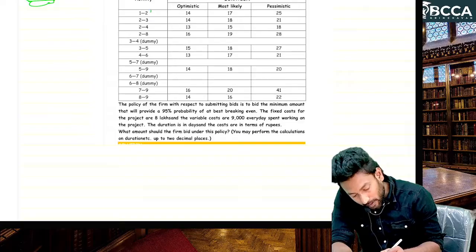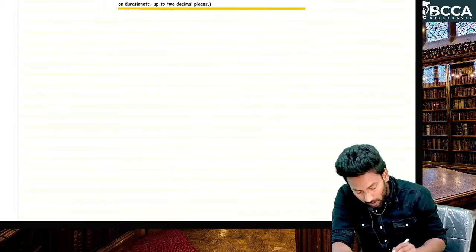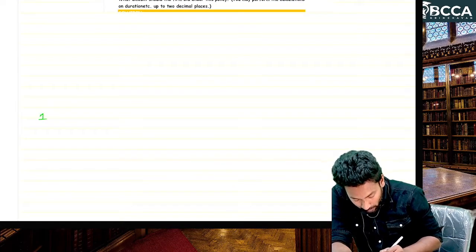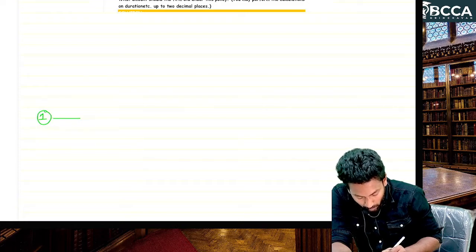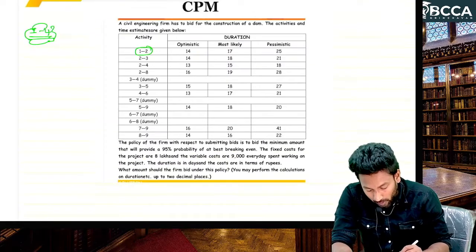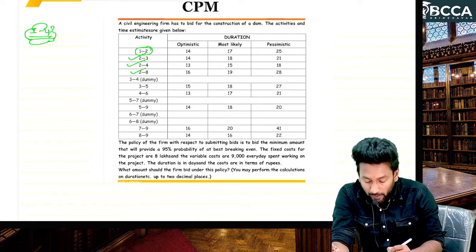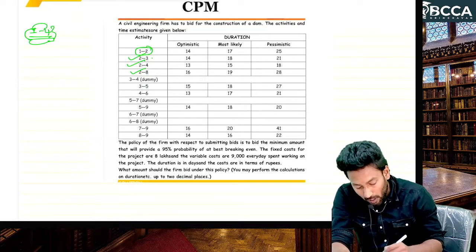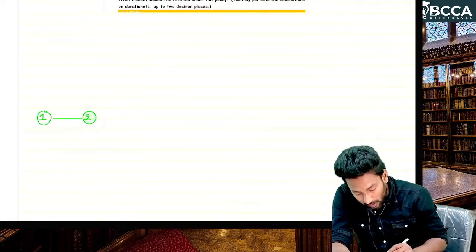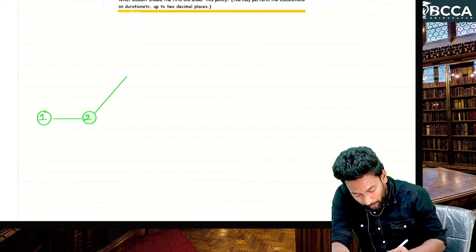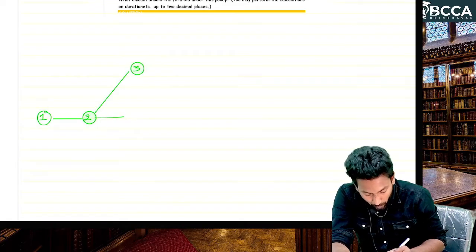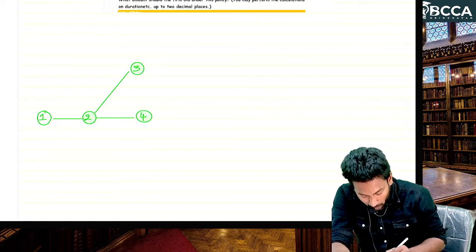The first activity is 1 to 2. Next, 2 to 3, 2 to 4, 2 to 8. That means starting with event number 2, we have three activities, 2 to 3, 2 to 4, 2 to 8. Let us split these three activities.